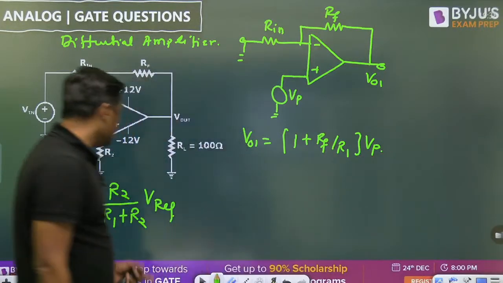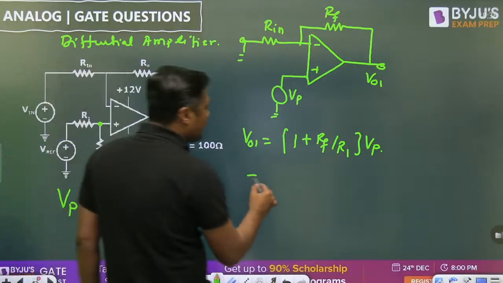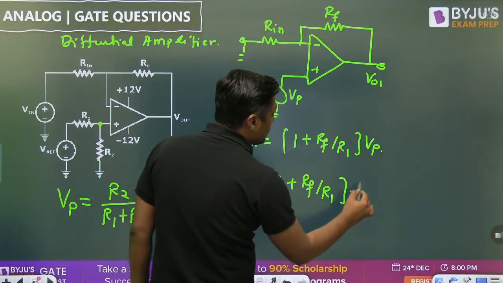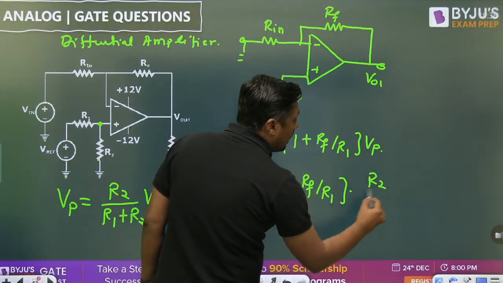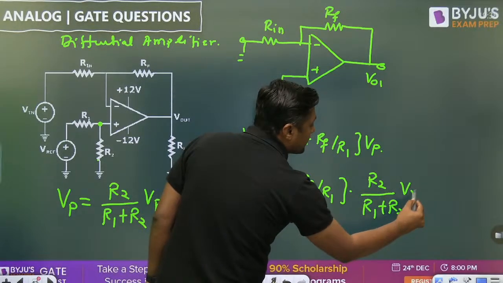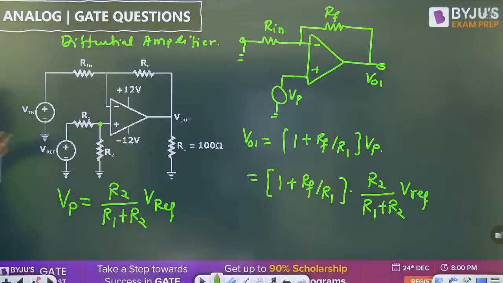And what is the VP here? R2 by R1 plus R2 into V reference. That is the standard formula. This is the voltage because of the positive terminal voltage.